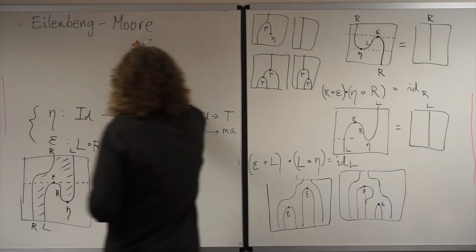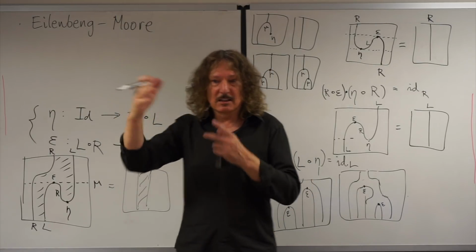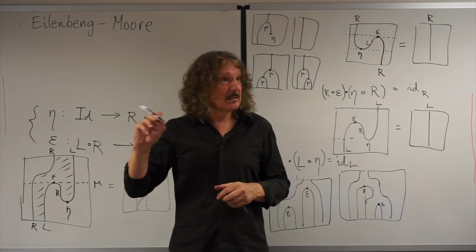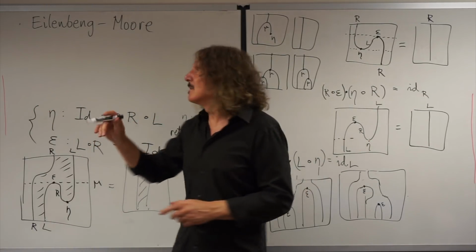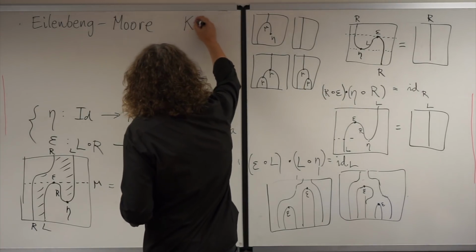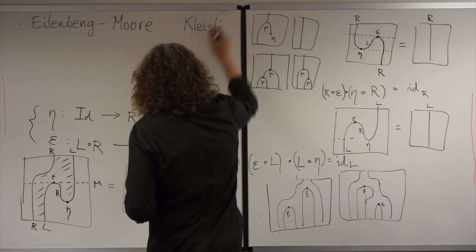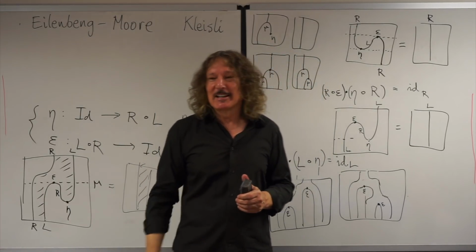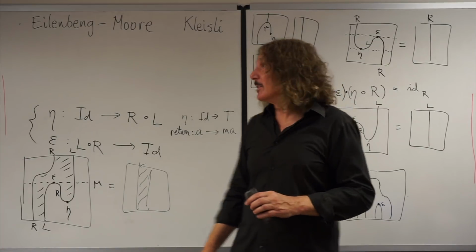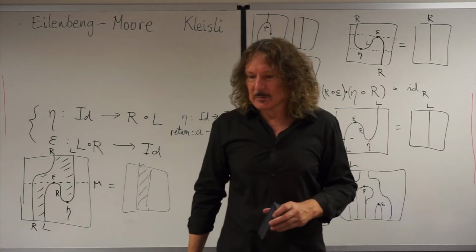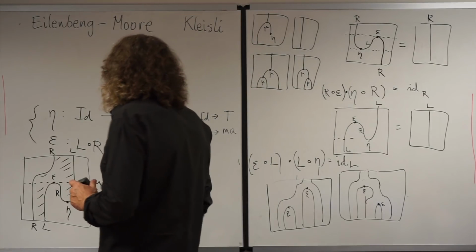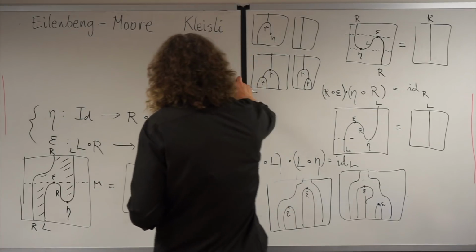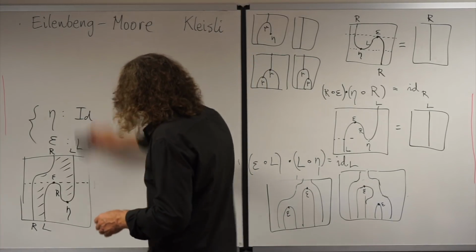So Eilenberg-Moore category, and the adjunction related to it is the initial object in this category of adjunctions, and the terminal object is called the Kleisli category. And if you remember from years ago, I talked about the Kleisli category. It's also an important category. But I'll concentrate on the Eilenberg-Moore category. Okay? So what should I erase? Let me erase this. Okay.